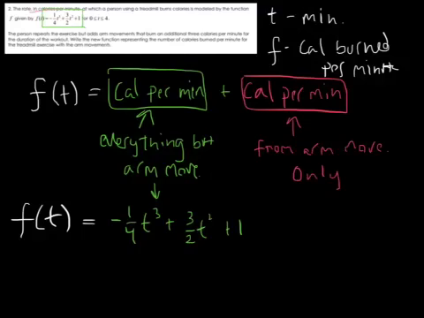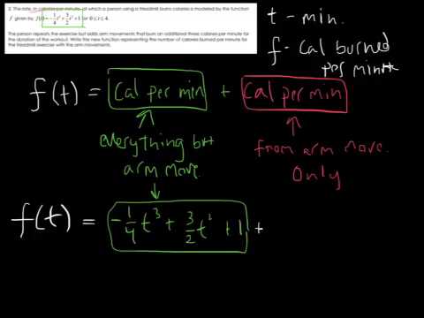I'll just box that in green again so we remember what that is contributing to. And now I simply have to think about what is going to represent the number of calories I'm burning per minute from arm movements only.